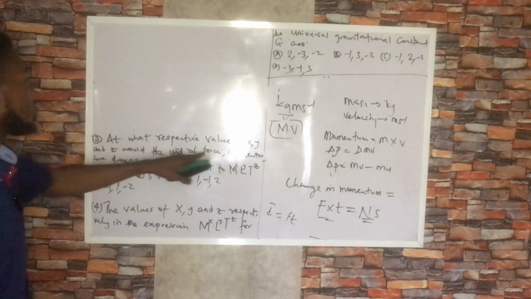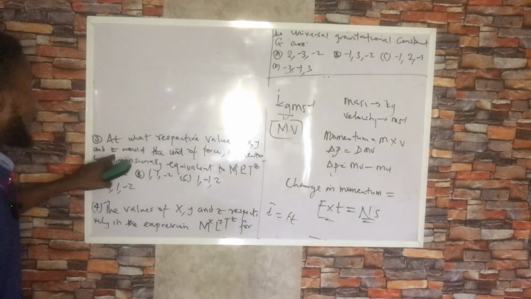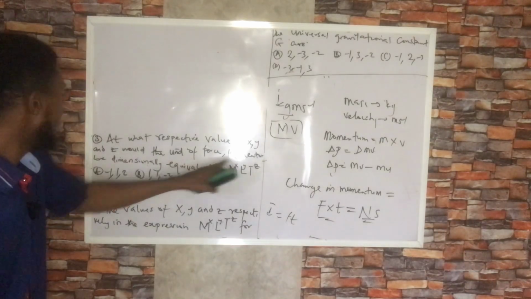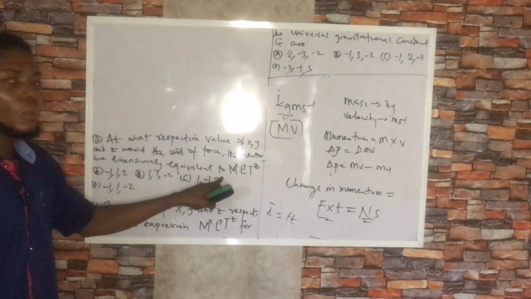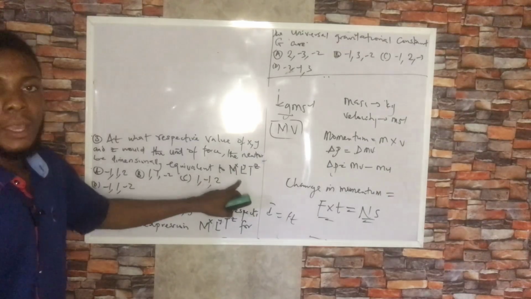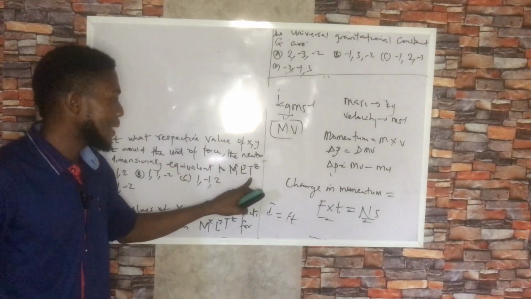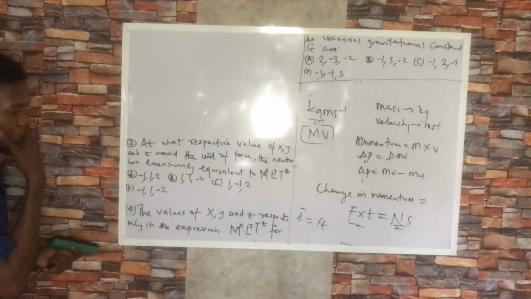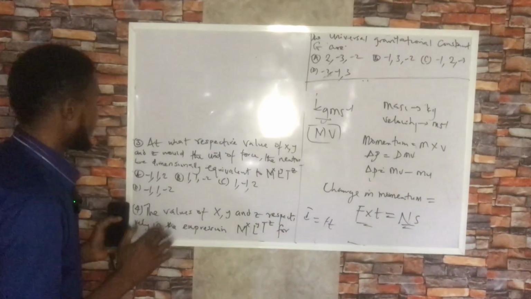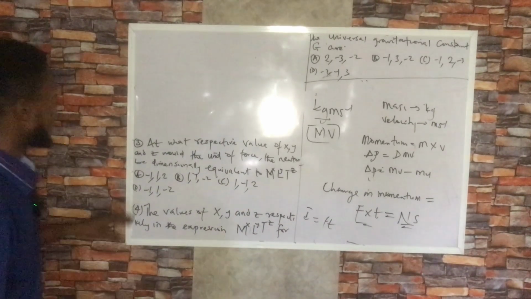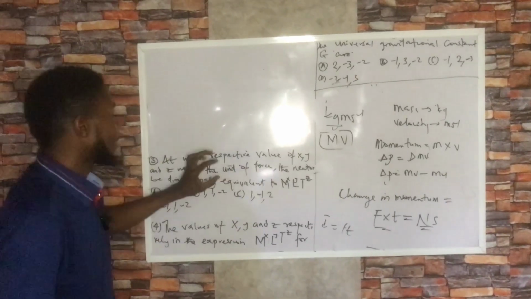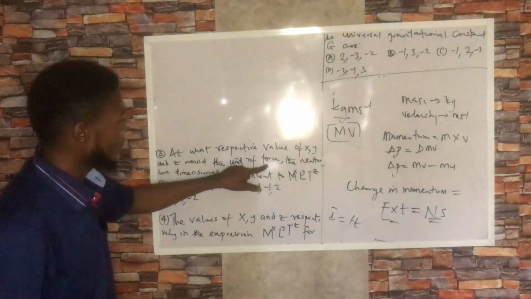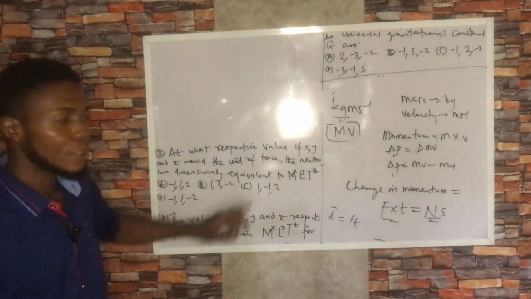At what respective values of x, y, and z would the unit of force, the Newton, be dimensionally equivalent to M raised to power x, L raised to power y, and T raised to power z? So it's very easy. Look at what they are talking about. They said at what respective value. They give us a derived unit here, which is force, and they gave us the formula to follow.